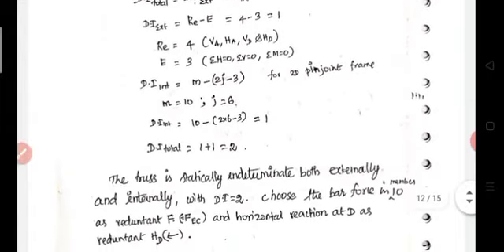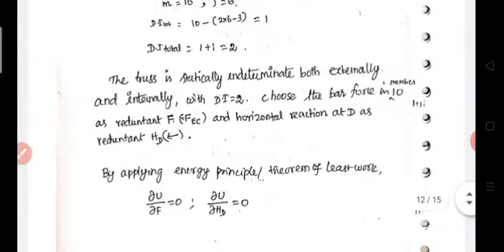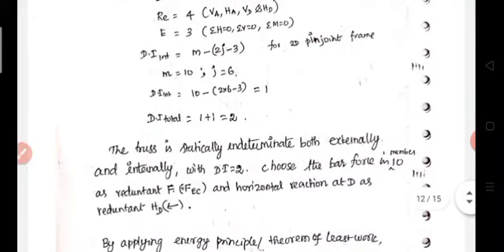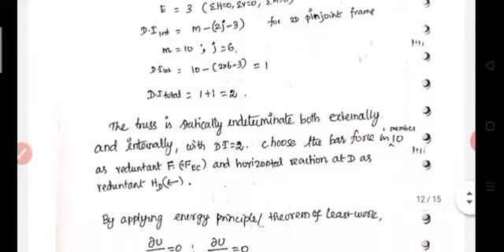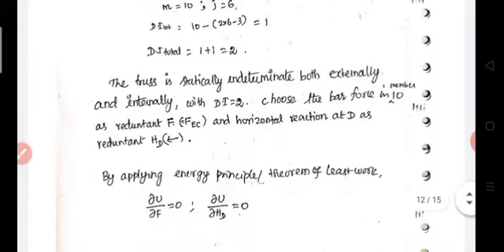The direction of this HD I assumed towards the left. The redundant in member 10 is taken as F, and it is tensile in nature. Then we have to apply compatibility equations.